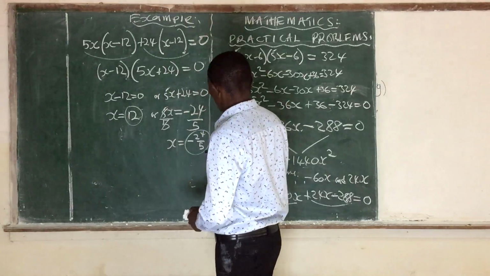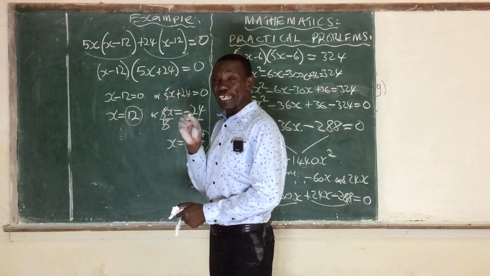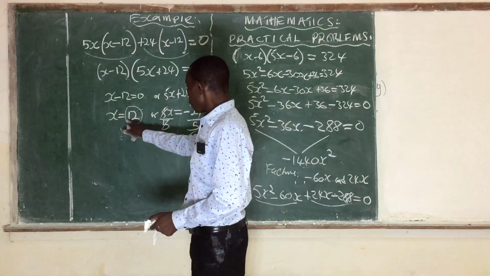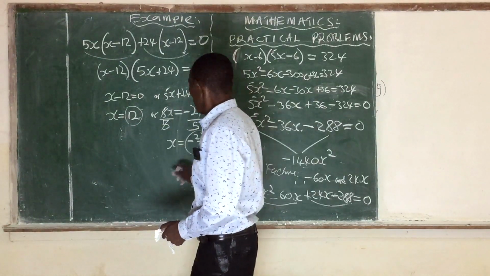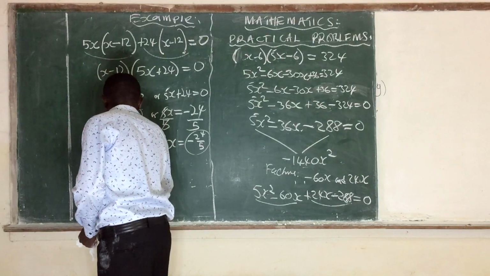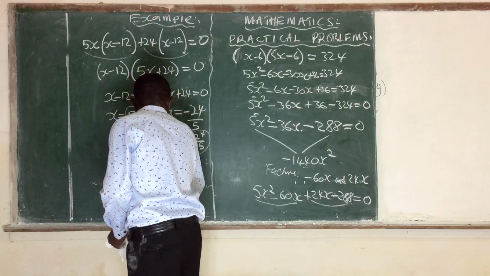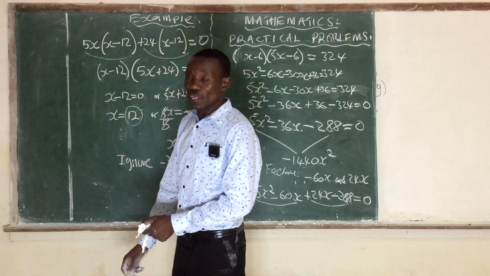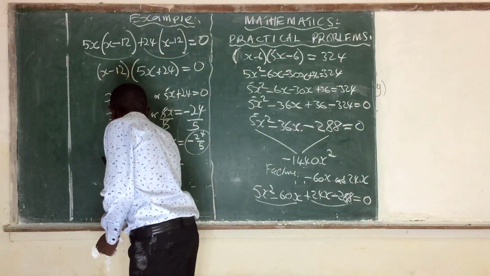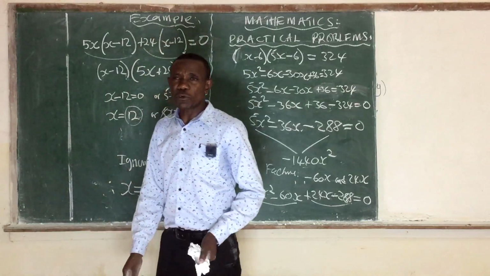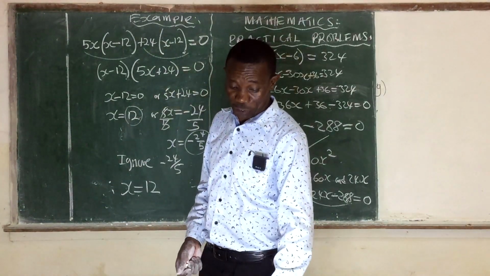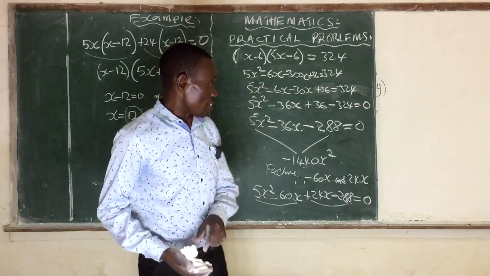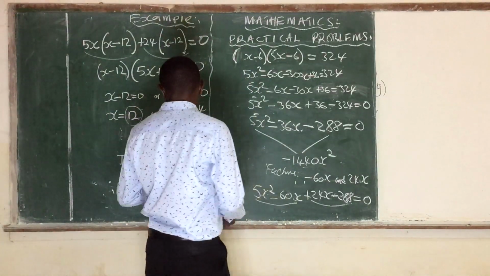The one that does not reflect the reality has to be ignored. So here we have got two values of x, this one and the negative one. So we are going now to ignore the negative 24 over 5. And then we're going to conclude that the value of x is equal to 12, because the age will always be positive. Never shall we have somebody with a negative age. That is not true. Right.